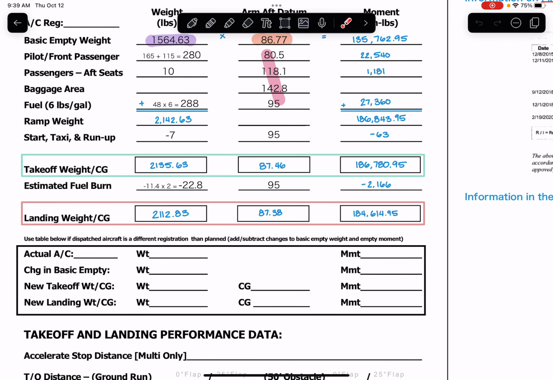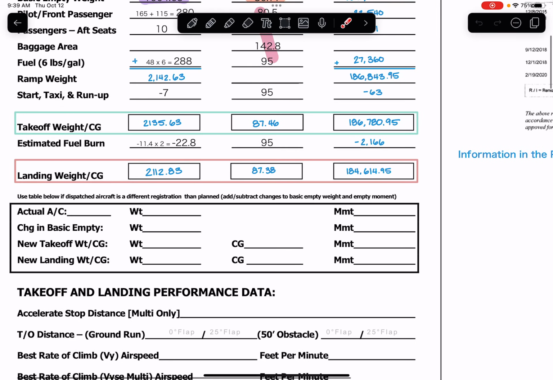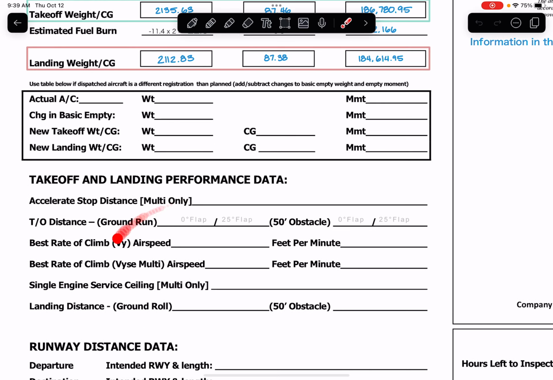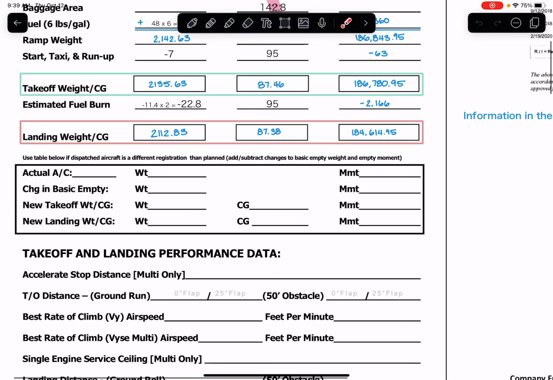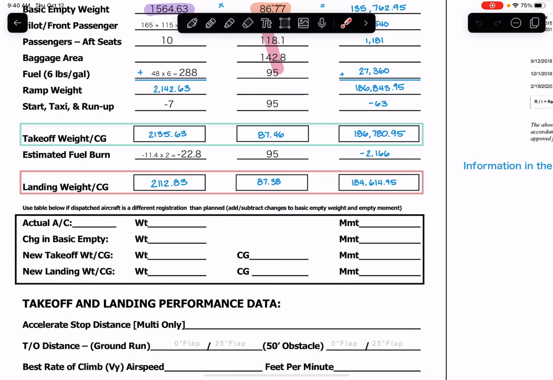Then we subtract all of that from our ramp weight, and now we have our takeoff weight and CG information. So this is what we're going to use to do all of our takeoff performance information. This is a very important number.